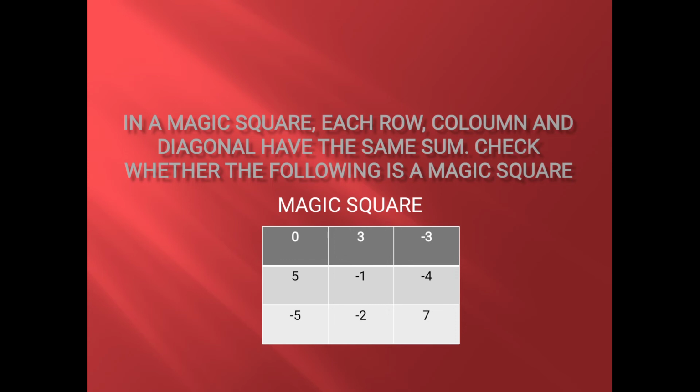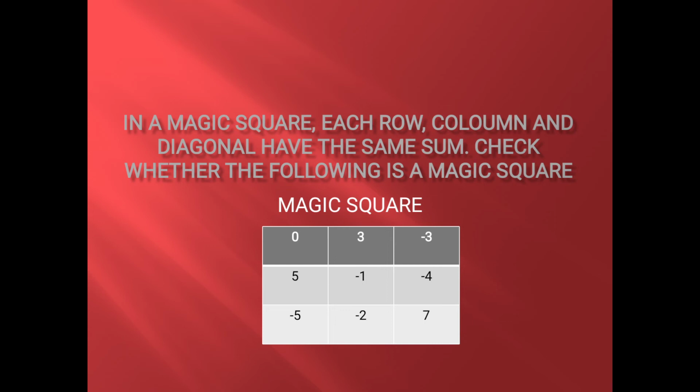Second row, 5 minus 1 minus 4. 5 minus 1, what is the value? 4. 4 minus 4, 0. So the second row is 0. Third row, minus 5 minus 2 plus 7. Minus 5 minus 2 is minus 7, plus 7, 0. So the first row is 0, the second row is 0, the third row is 0.